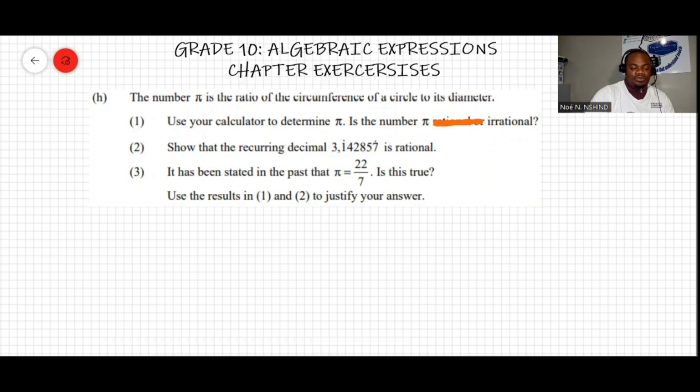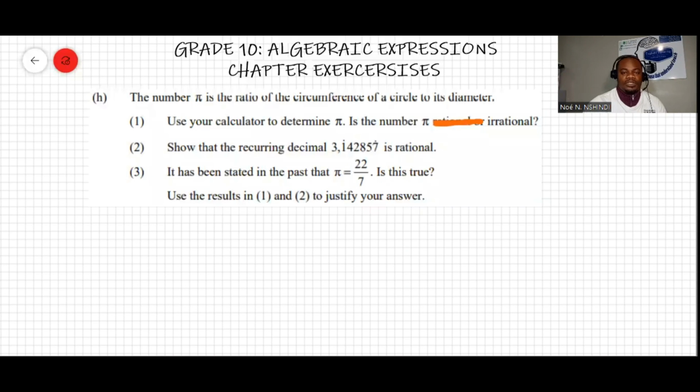Now, question 2 says show that the recurring decimal 3.142857, with dots on top of the 1 and the 7, is a rational number. Let me write the number first.